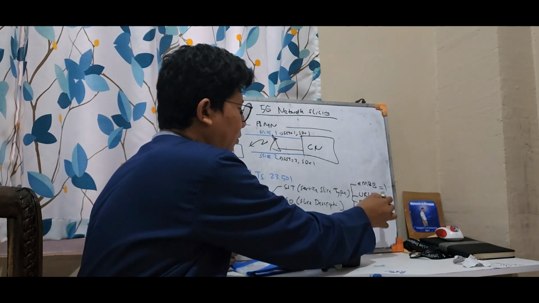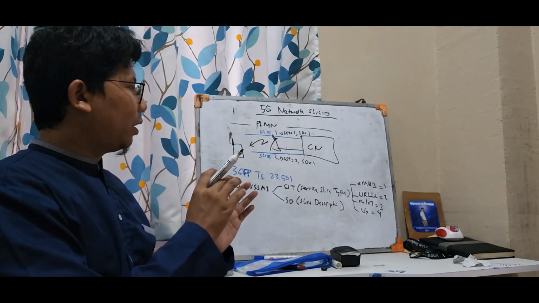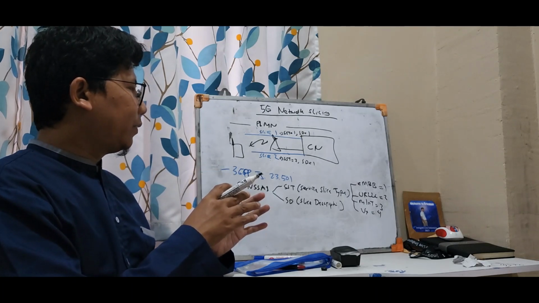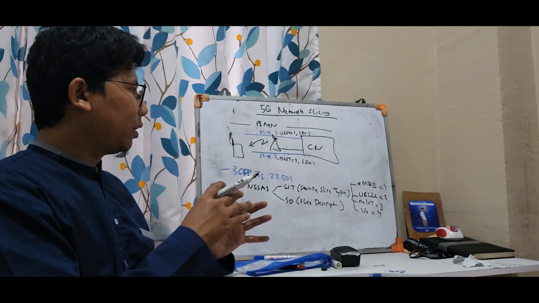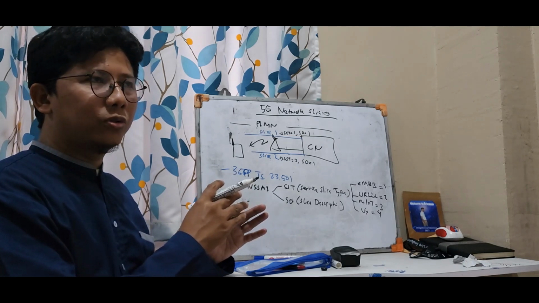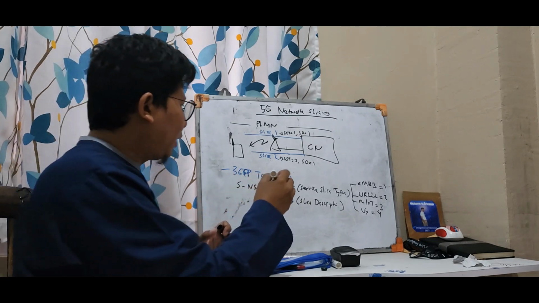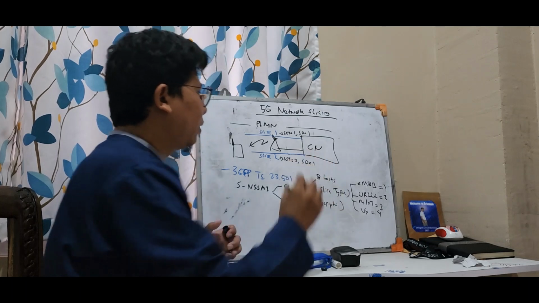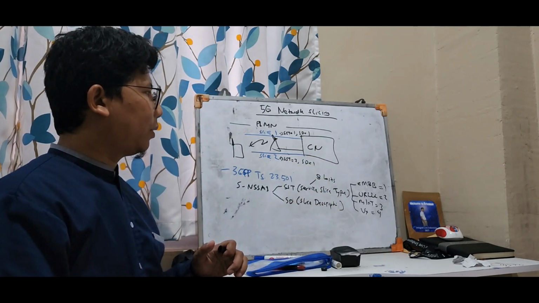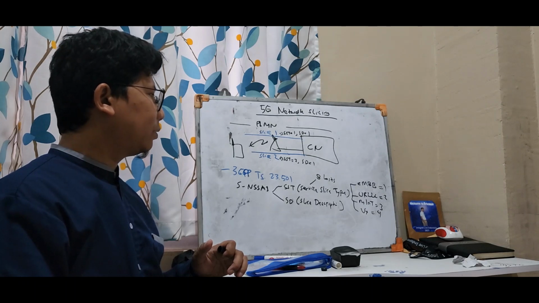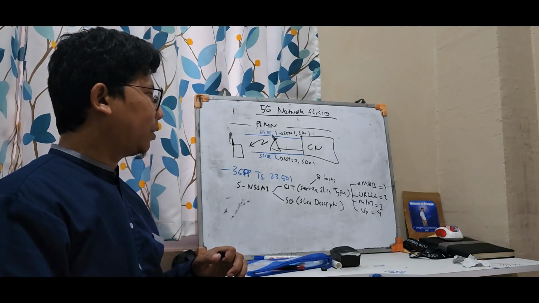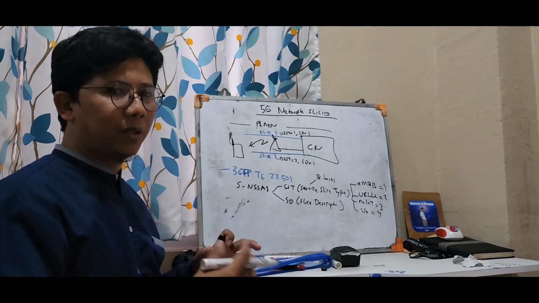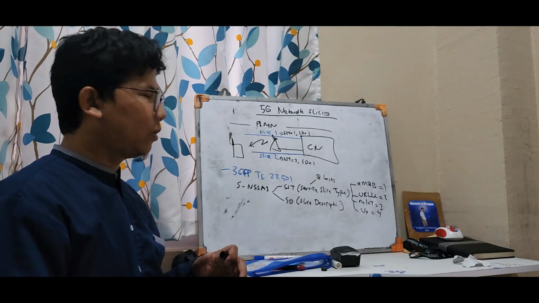Actually the SST definition is from 0 to 255, about 8 bits. So you can define hundreds of possibilities for SST, from 0 until 255.